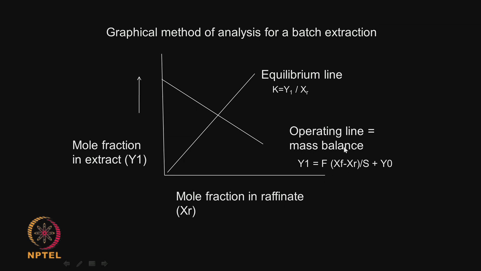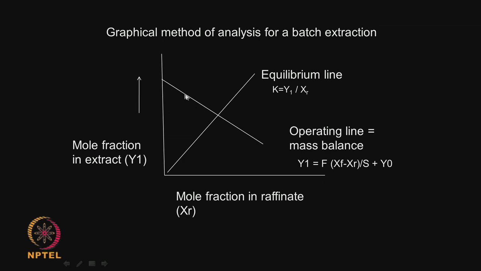If you remember our old mass balance equation, we just have to rearrange a little bit here. So, you end up having y1 and xr. As the mole fraction in the extract keeps going up, that means the more solute is taken up into the solvent, we will have less of the solute in the raffinate, and if the mole fraction in the extract is less, obviously there will be a higher concentration in the raffinate.